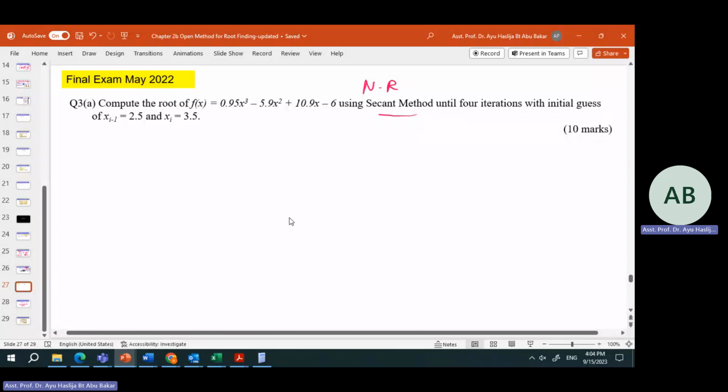Good afternoon. Assalamualaikum. Okay, as mentioned yesterday, today we will do the exercise from the final exam May 2022.